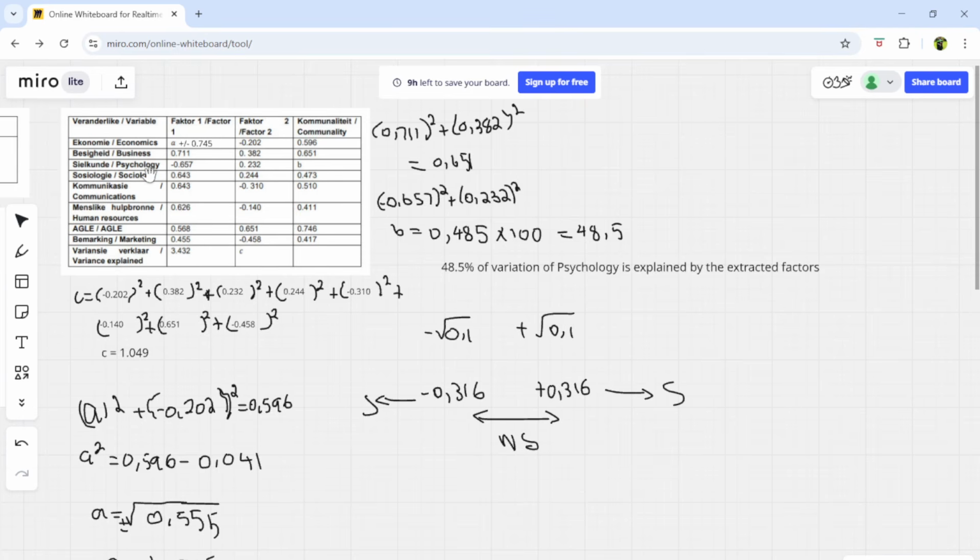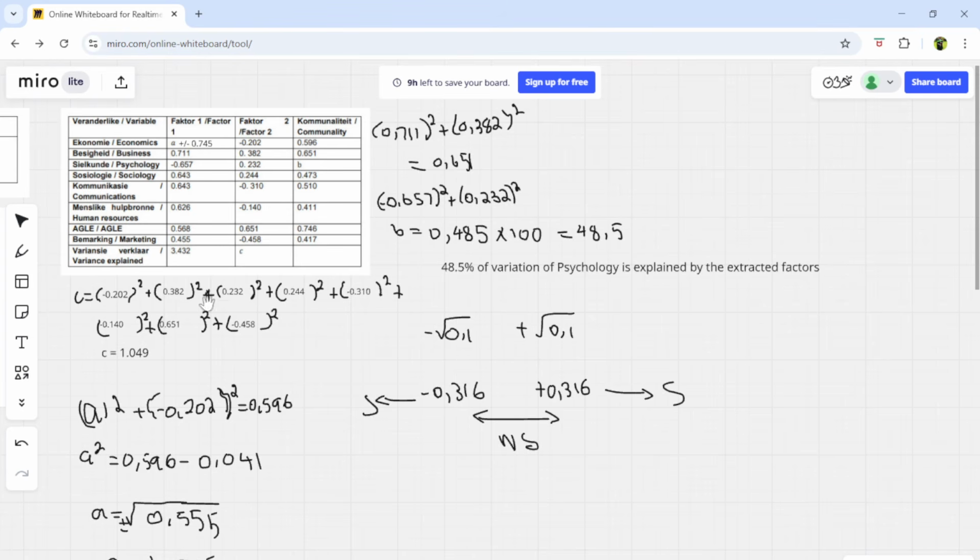Rotation is actually to determine where we should put those variables, because sometimes you find a variable with more than one significant factor loading. In that case, you don't know in which factor you should classify that variable.